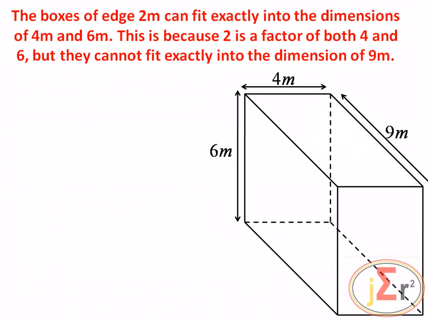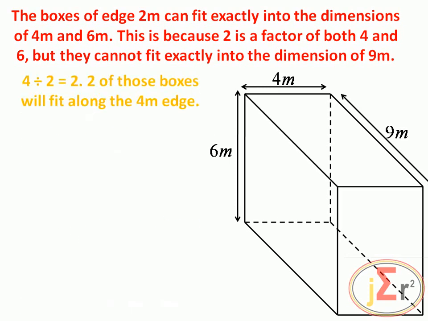This is because 2 is a factor of both 4 and 6, but they cannot fit exactly into the dimension of 9 meters, because 9 is not a multiple of 2.